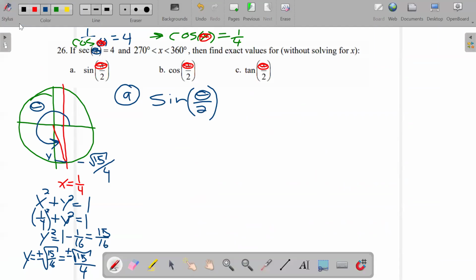So if we cut theta in half, let's try red. That's going to be somewhere, let's see, where is that going to put us? In quadrant 2 somewhere. So somewhere in here is going to be half of theta.